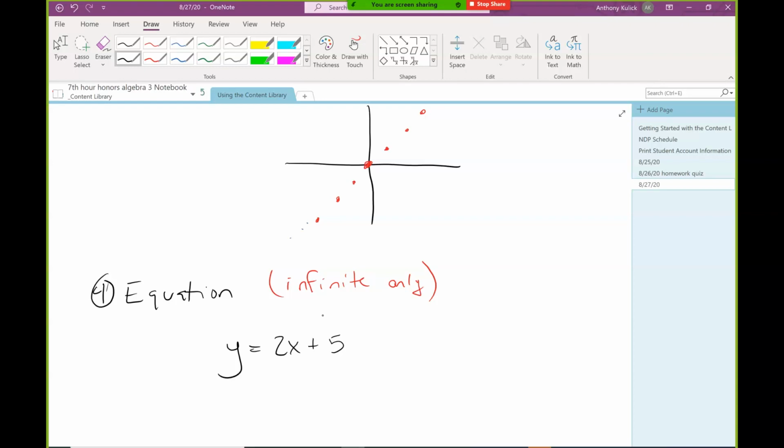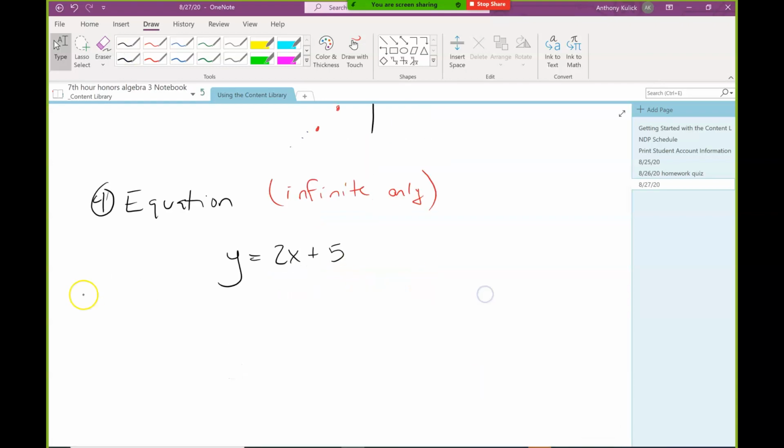This is something that we learned how to graph in previous classes. You can generate infinitely many ordered pairs using this rule. Those would be the ordered pairs that would be in our relation. Is everybody okay with that idea? Okay. Good.